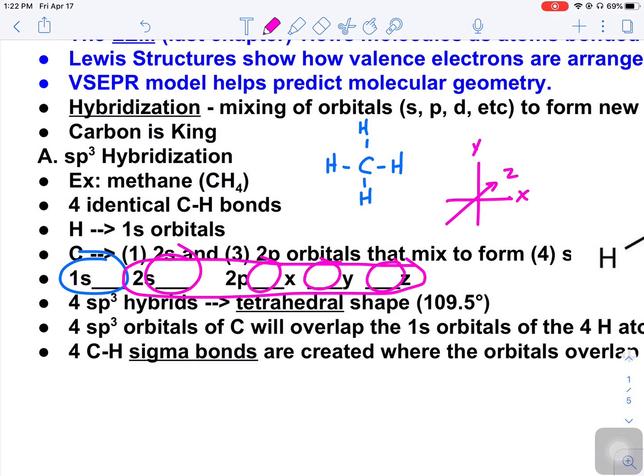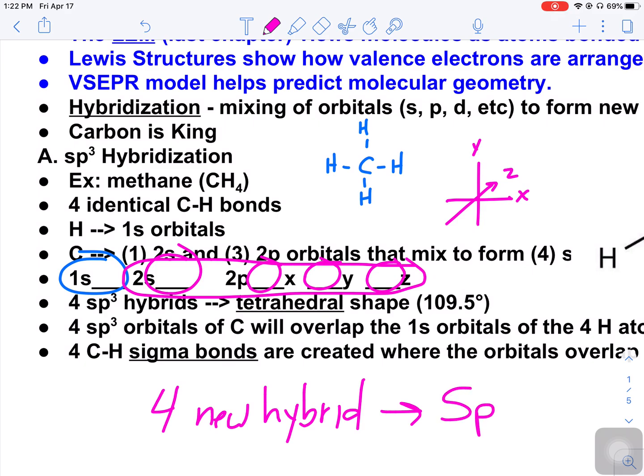And what's going to happen is we are going to end up with 4 new hybrids, and those 4 new hybrids are all going to be the same. Those 4 new hybrids are going to be called sp3 hybrids. So there will be 4 sp3 hybrids.